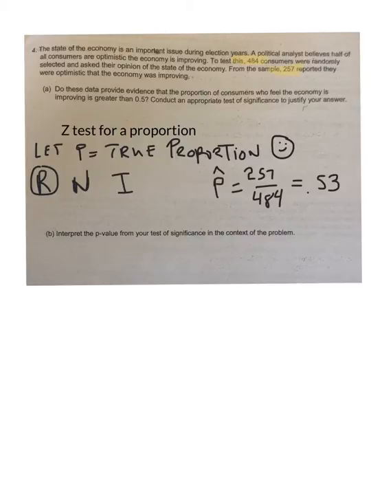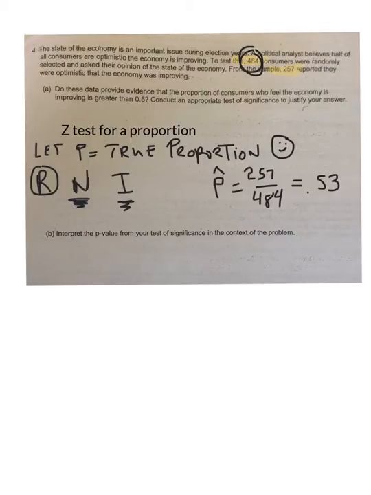So we're going to say if we take 0.53 and multiply it by 484, do we get a number that's bigger than 10? If we take 0.47 and multiply it by 484, do we get a number that's bigger than 10? That's for proportions. And then independent, we could say the 10% rule.